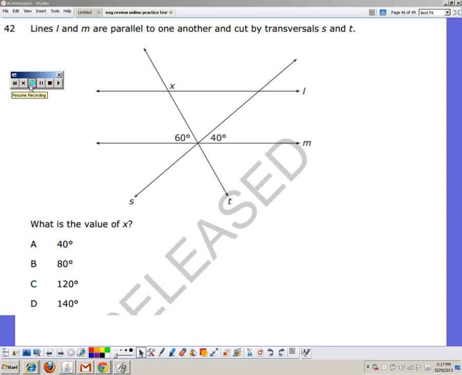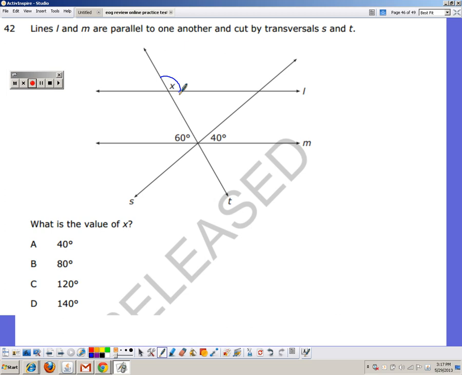Here we have two parallel lines, L and N, cut by transversal X and T. They want you to find the value of x, which is here. Okay? If you remember, parallel lines cut by a transversal make certain types of angles: vertical, corresponding, alternate interior, alternate exterior. Okay?